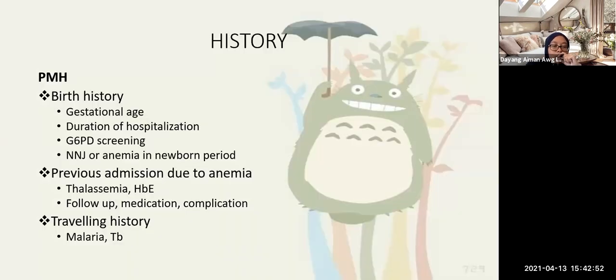We also need to ask about their past medical history, like birth history or any previous admission with similar symptoms, and also travelling history to rule out other causes of anemia.